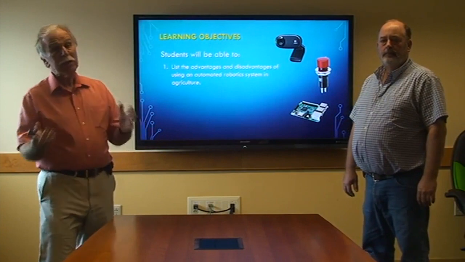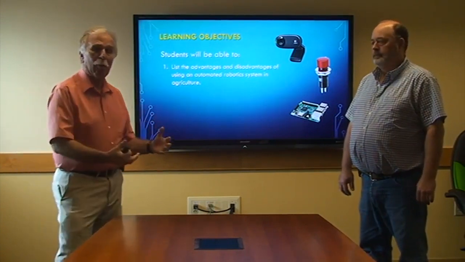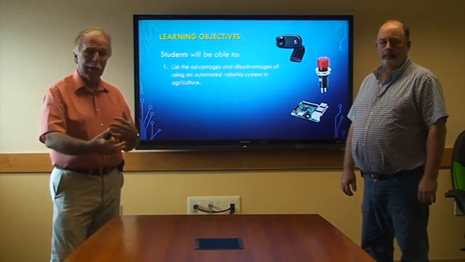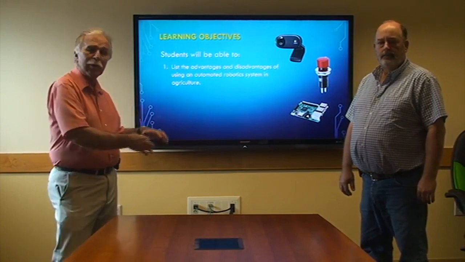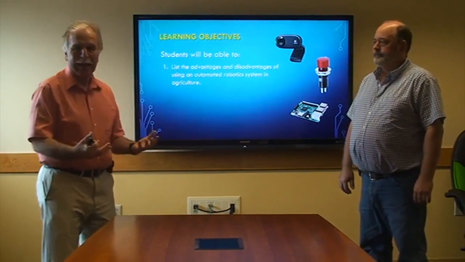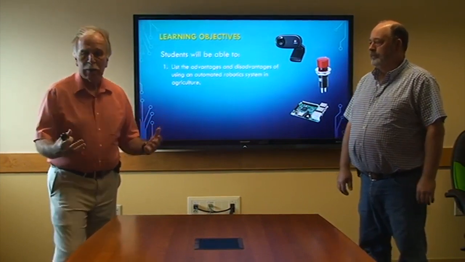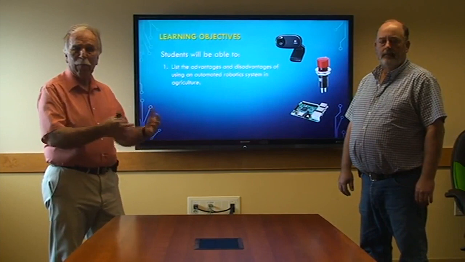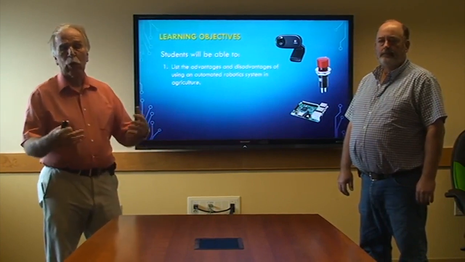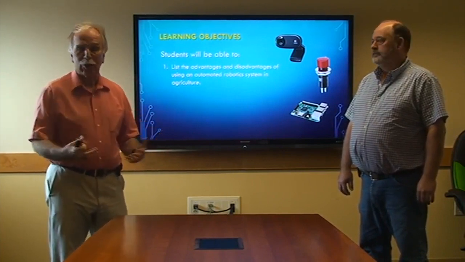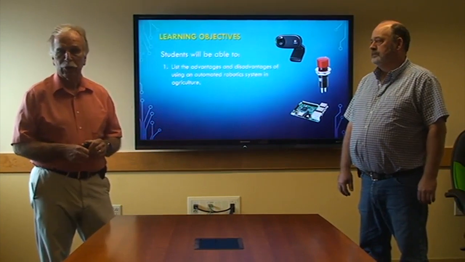Some people might say it's a disadvantage, taking jobs away from people. But what we hope will happen in the future is that by taking away some of the mundane tasks that are boring or repetitive, individuals will have time to focus on more technological issues that we need to look at in agriculture.